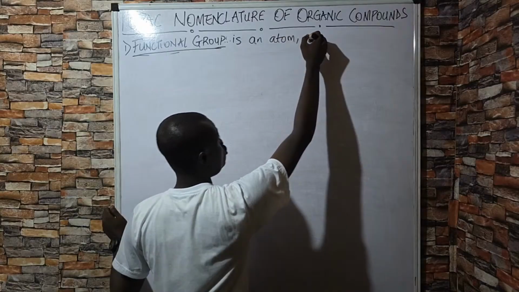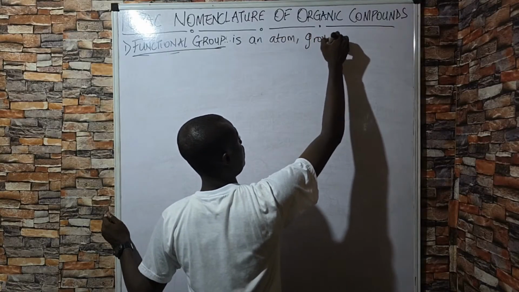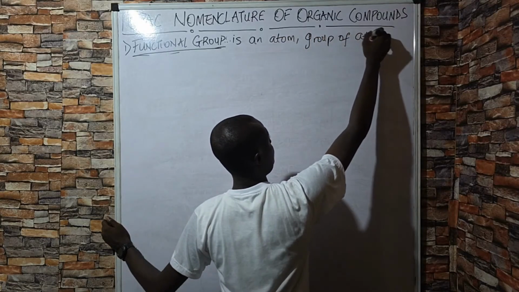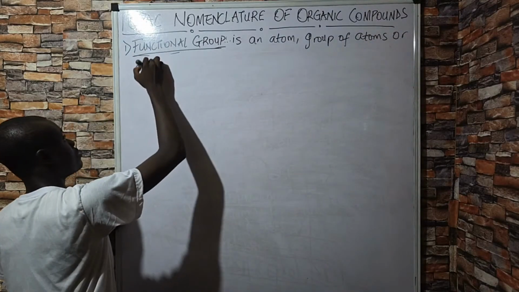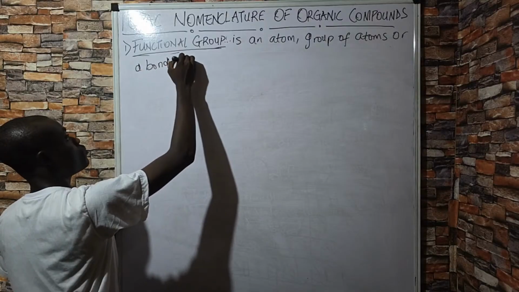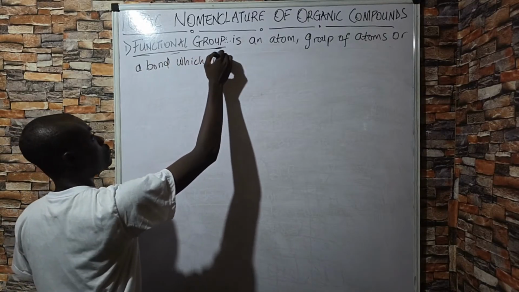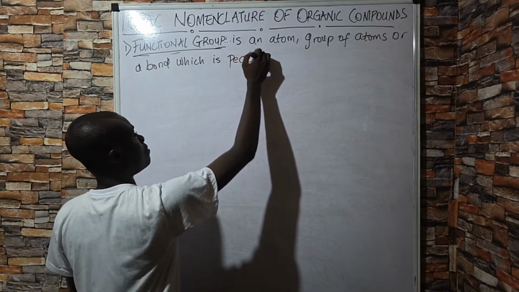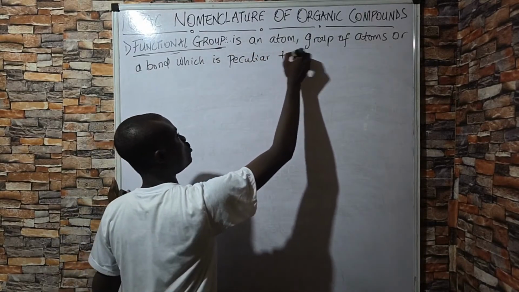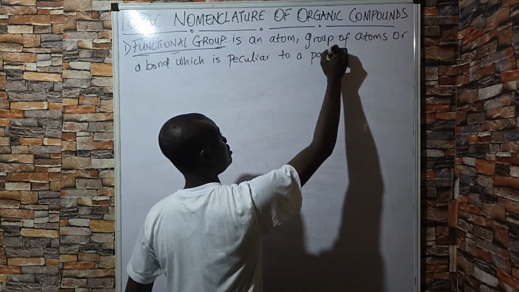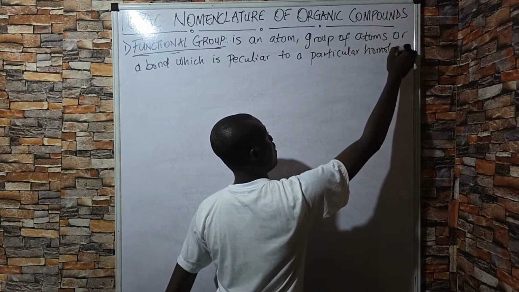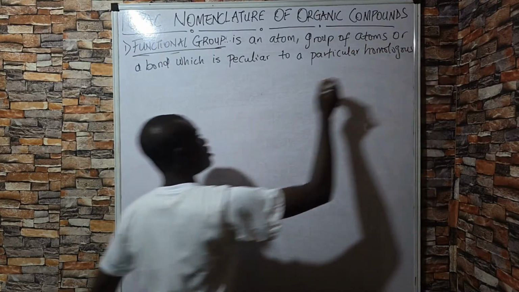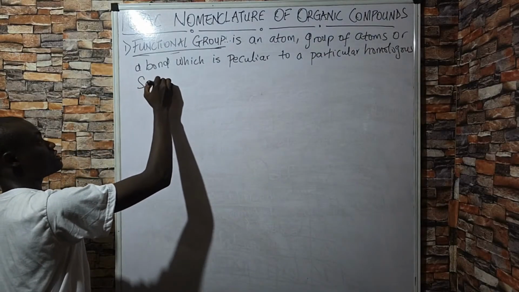It could be an atom, it could be a group of atoms, or it could be a bond, which is peculiar to a particular homologous series.